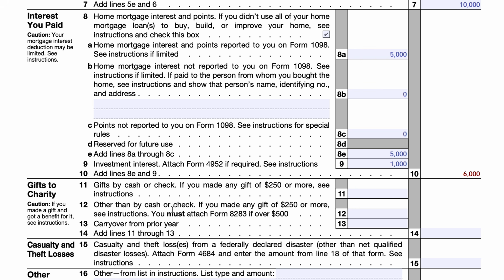Basically a receipt that says that you gave them the dollar amount. Like you can't just, if you put $20 in a tithing bowl for your church and you wanted to claim that, you can just write that in there. If you put $300 in there, you would need to get a receipt from the church.